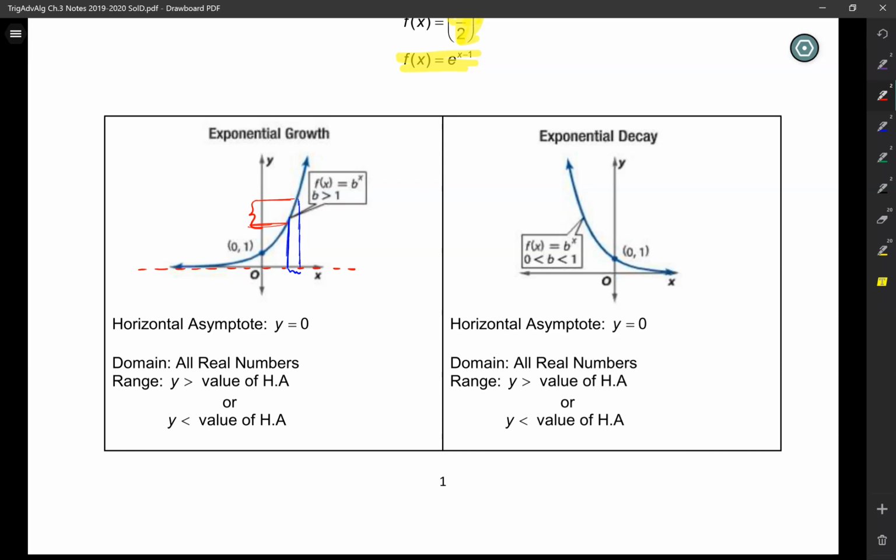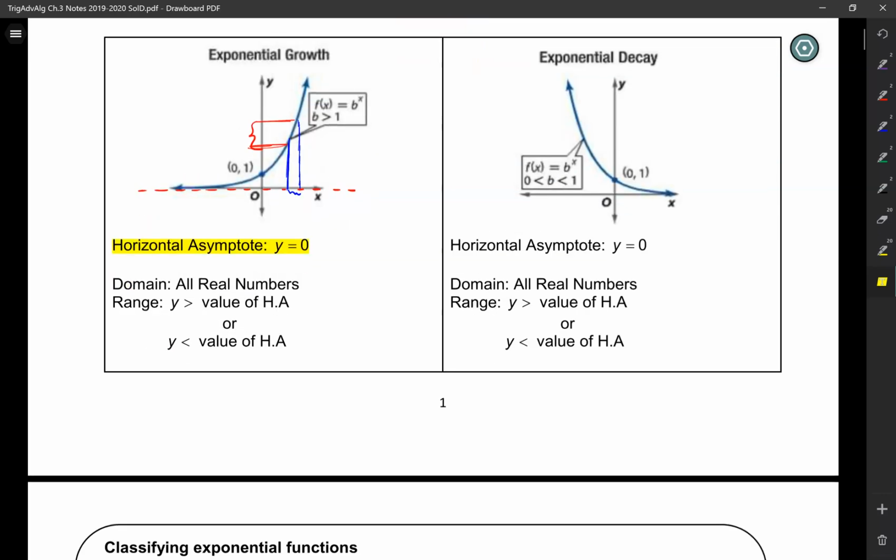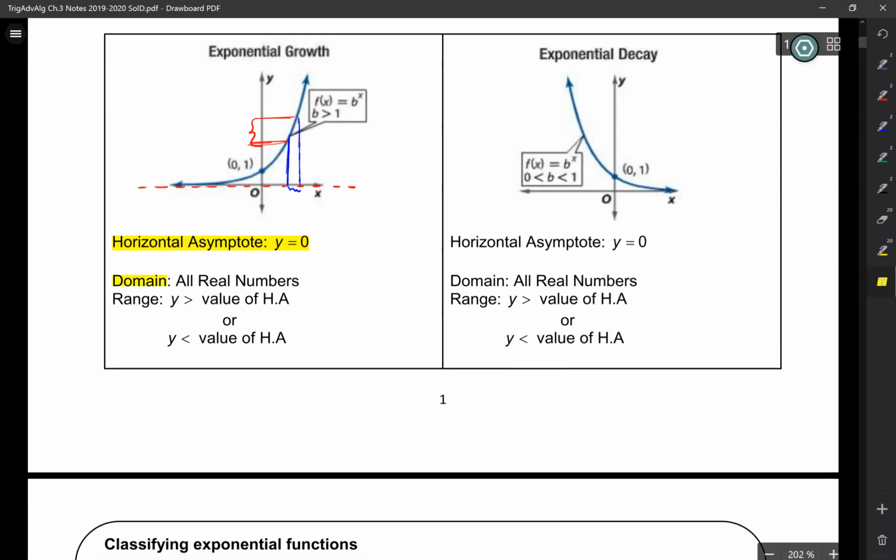Now, here's the biggie. For the default case, and for the first ones that we're going to do, it's all the default case, the horizontal asymptote, there is no calculation. It's always y equals 0. That you have to know like you know your name. Okay? Another general fact. The domain for all exponential functions is all real numbers. Okay?